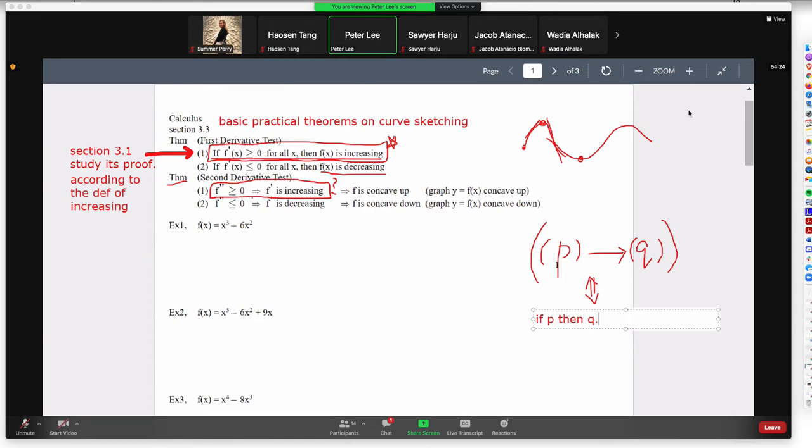So assuming that P and Q are statements, this is how you write it: P, arrow, Q means if P, then Q. That's what that statement means. Of course, many times I actually put this double arrow right here instead of the single arrow. So if f double prime is positive, then f prime is increasing. Is that true?